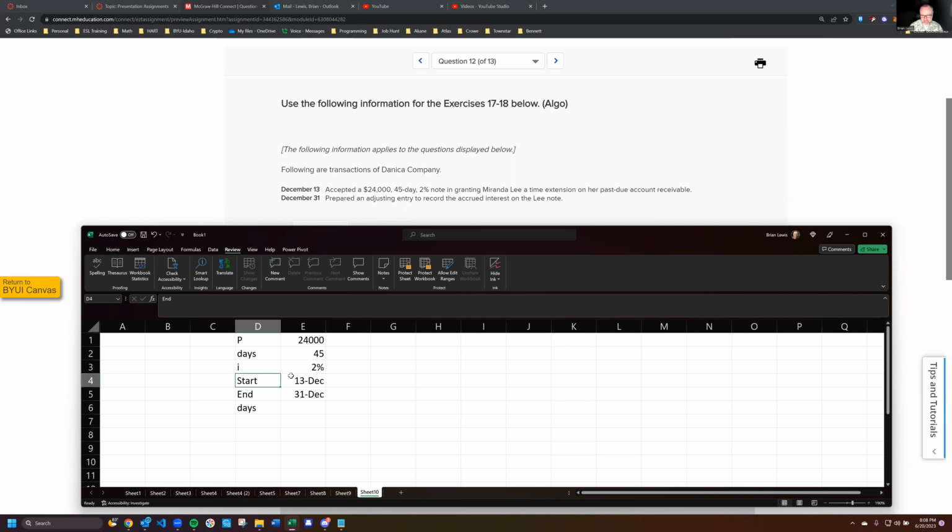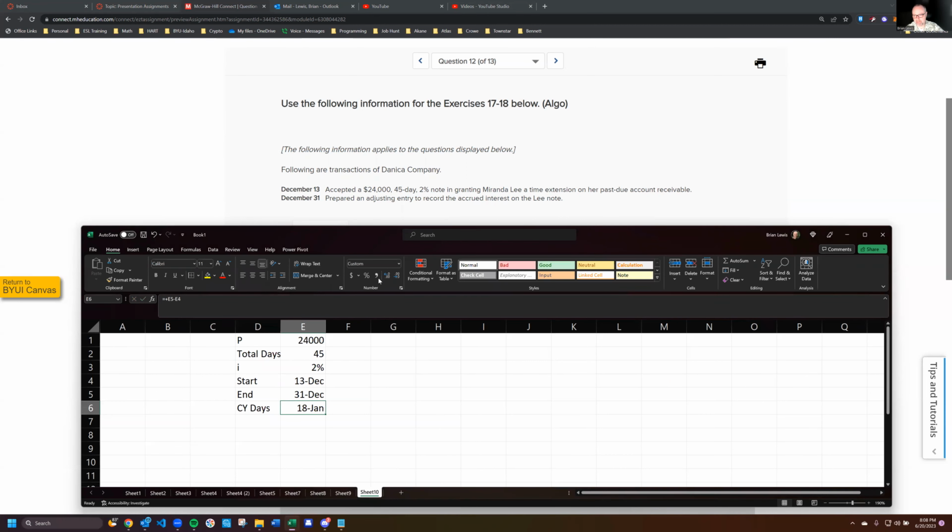This is total days, and this is current year days. Okay, so I'm going to take the last day minus the other day. That gives me effectively 18 days in the current period. So that would mean remaining days is the total minus the 18.